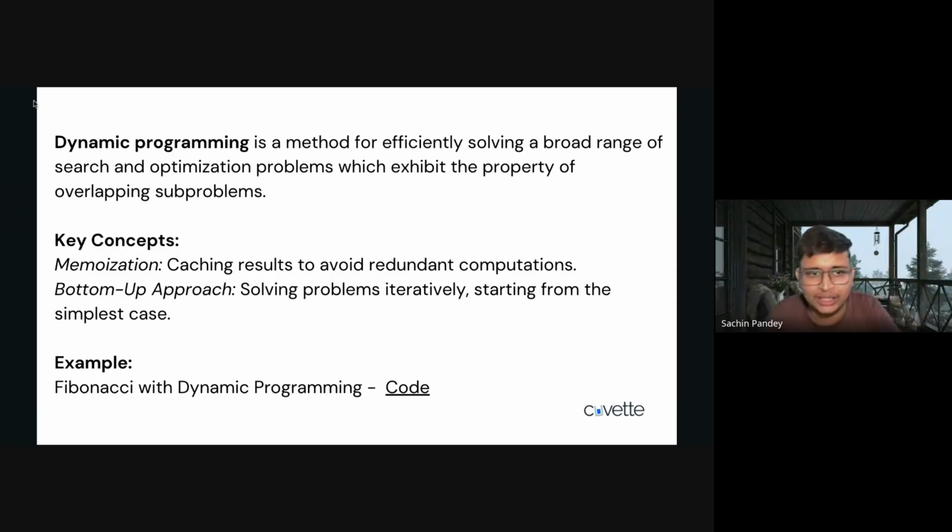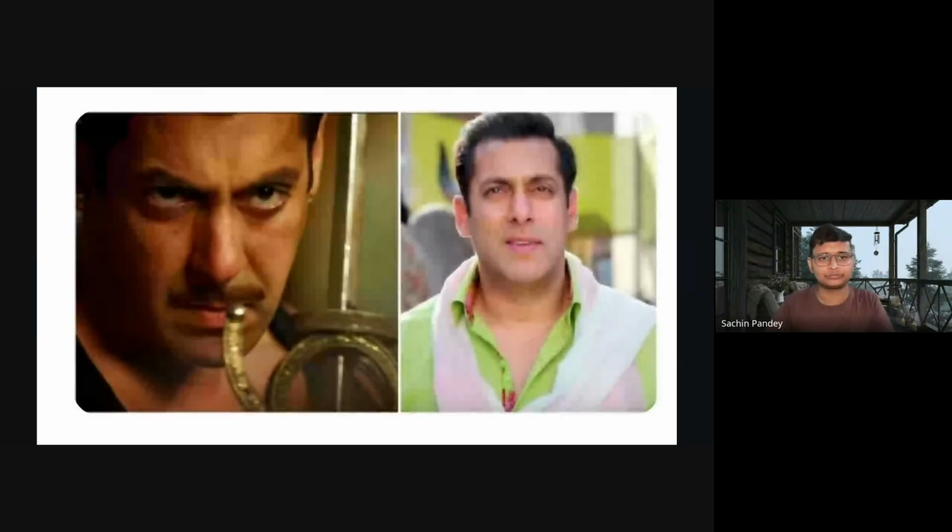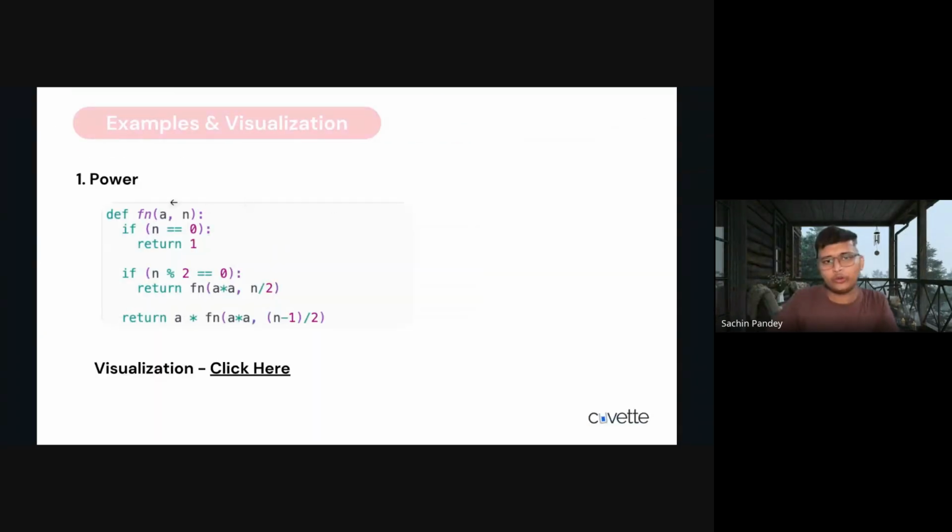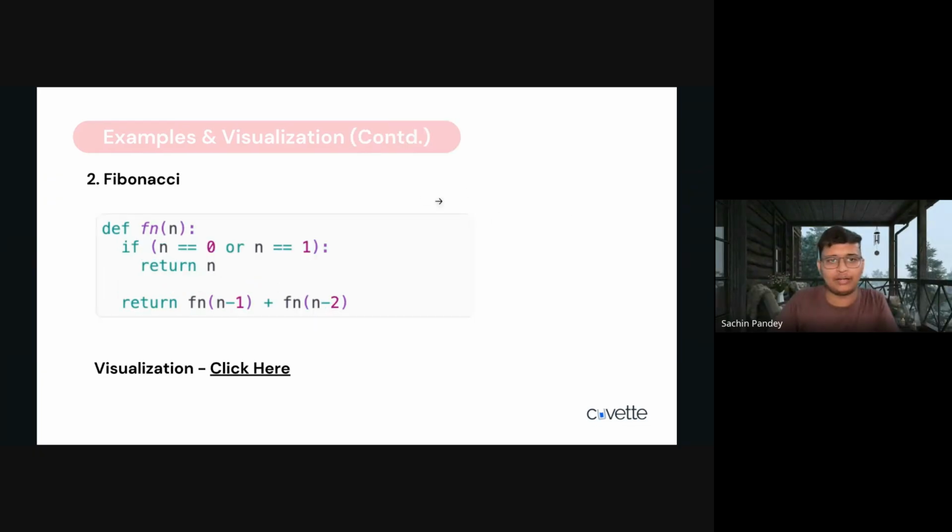What are the key concepts or the types of dynamic programming? Mainly the famous ones are memoization and the bottom-up approach, or I will say memoization and tabulation. What is memoization? You keep your recursion over there, and inside this function, apart from n, you also pass an array or a map or a matrix, a 2D grid.